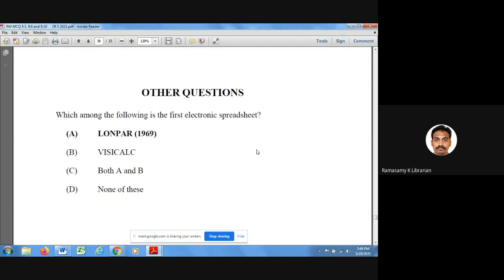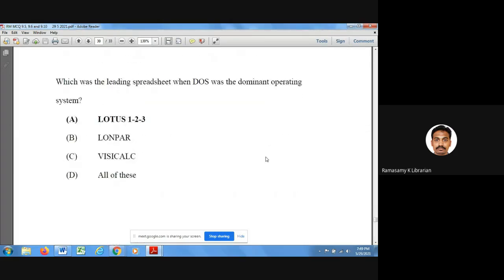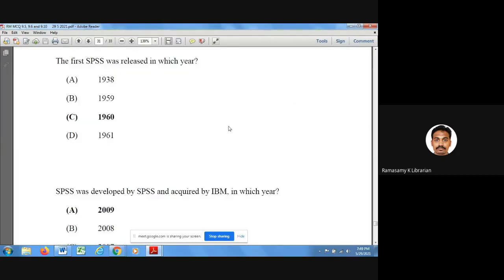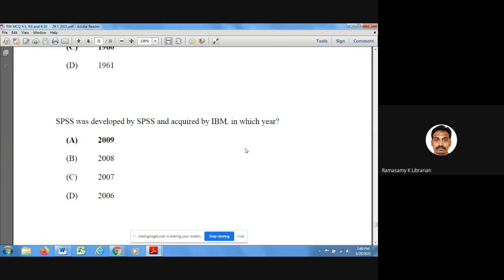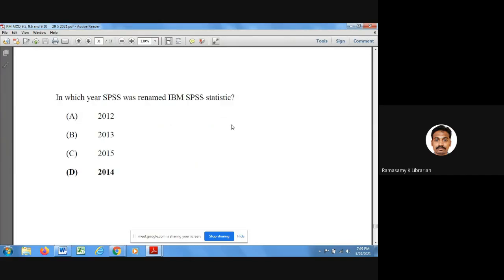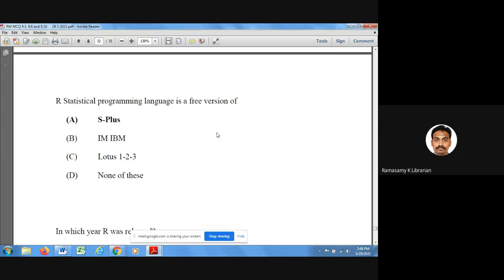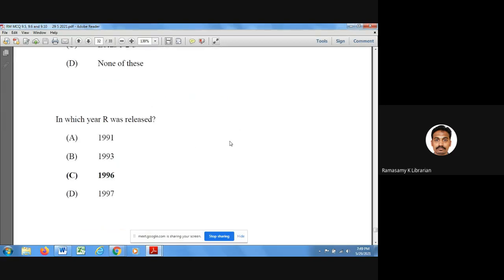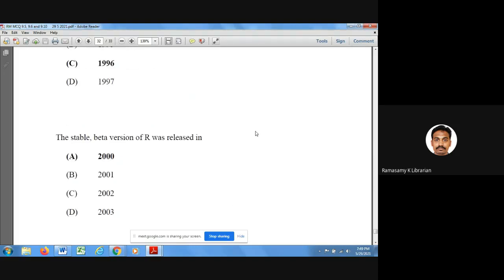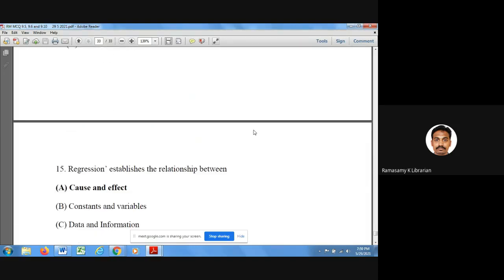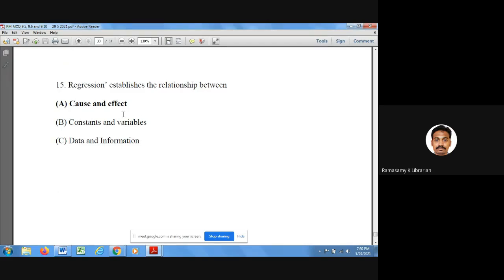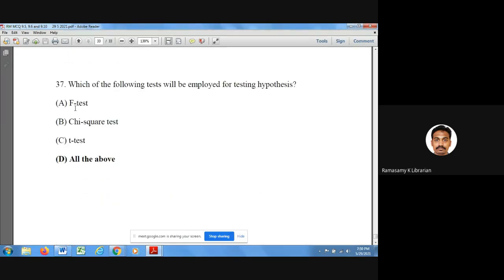Others are very simple questions, not from UGC examinations. Something like the first electronic spreadsheet, the popular spreadsheet when DOS was there, when SPSS was introduced, when it was acquired by IBM, when it was renamed as IBM SPSS, from which version of programming language R was developed, in which year R was released, in which year the stable version of R was released, and regression is about cause and effect, and which are all the statistical tools used for testing hypothesis.